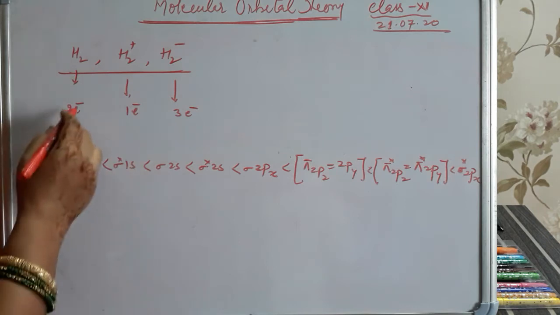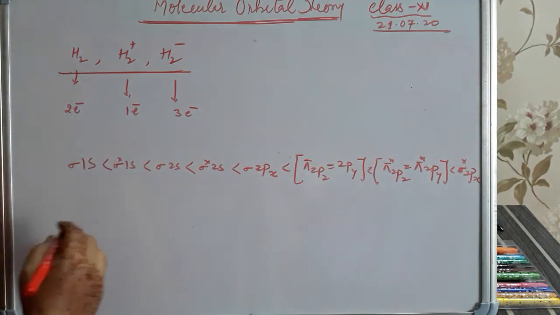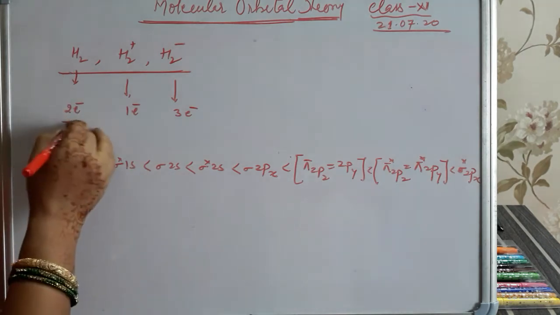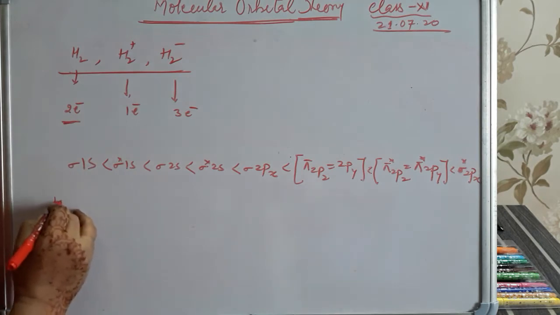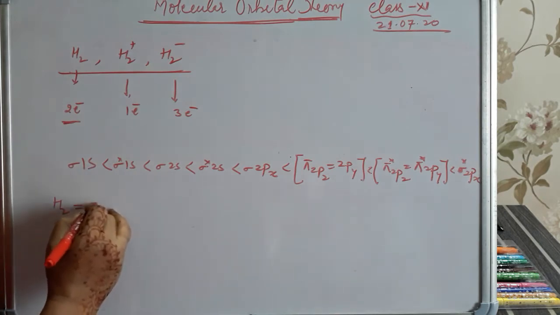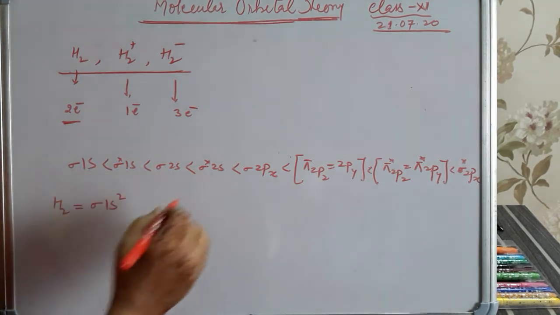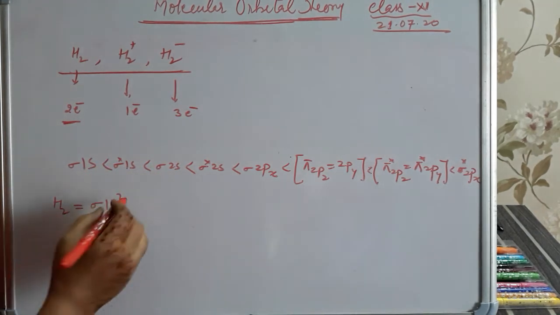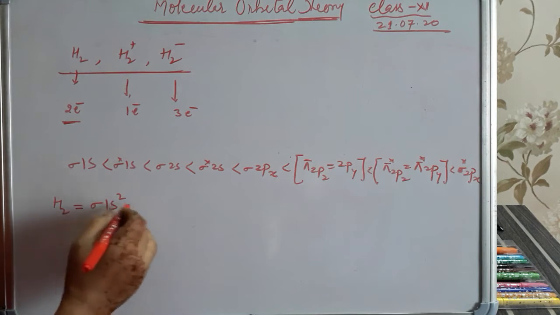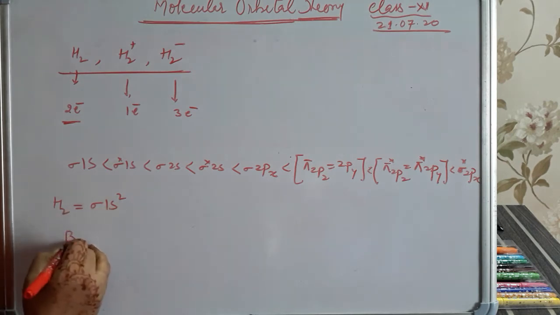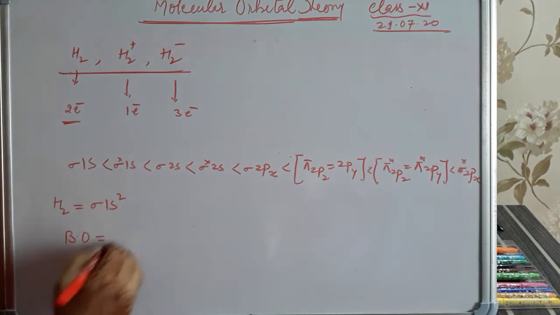Now write down the configuration of the H2 molecule. It has 2 electrons, so for H2 we write only sigma 1s2. Each molecular orbital contains only 2 electrons, so remember it. How can we find the bond order, students?